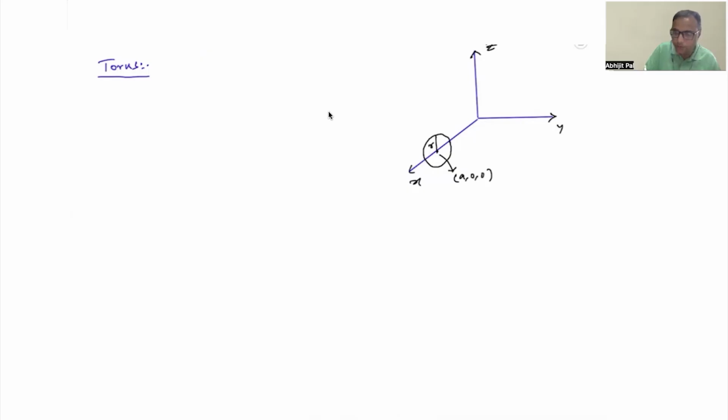Now you rotate this around the z-axis. Here we have taken a minus r to be some positive number. You are rotating this circle around the z-axis, so you will get a surface of revolution.